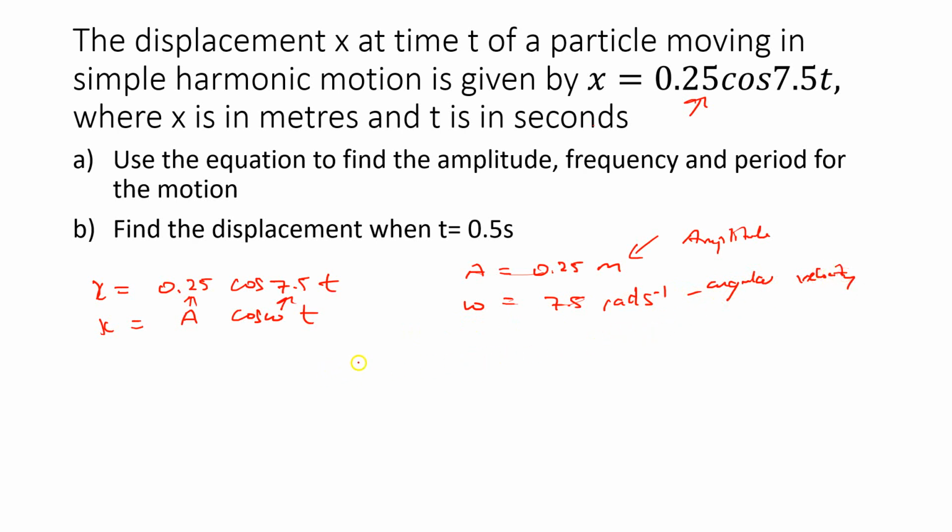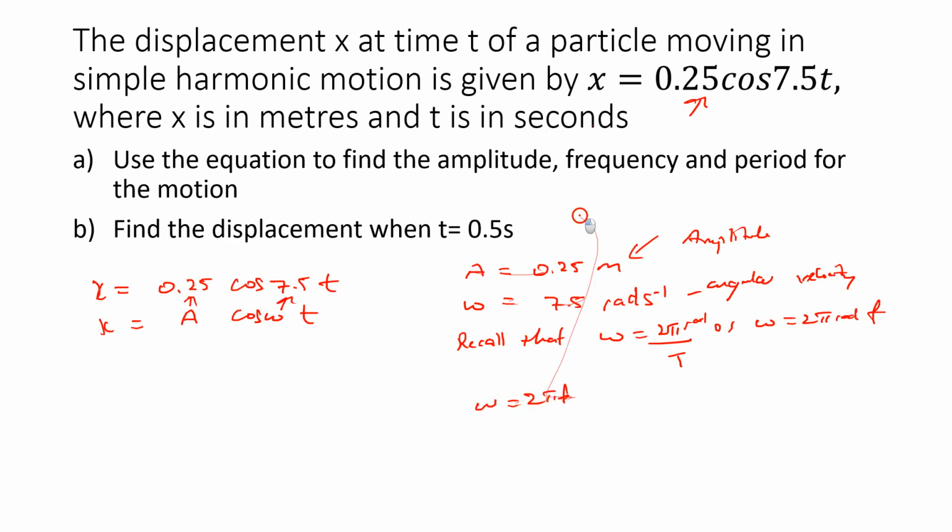The question wants the frequency. So recall that omega is equal to 2 pi divided by T, or omega is equal to 2 pi times f. So we could transpose the omega equation. Omega is equal to 2 pi f. We want to find f.